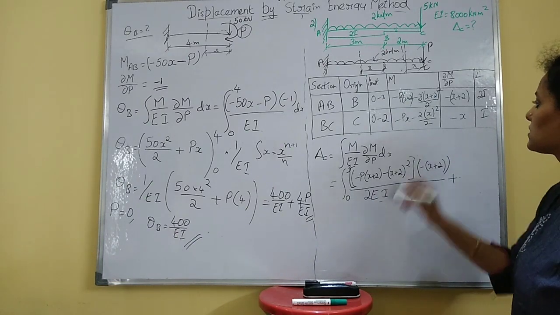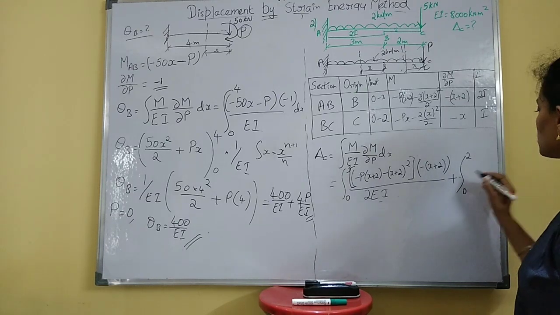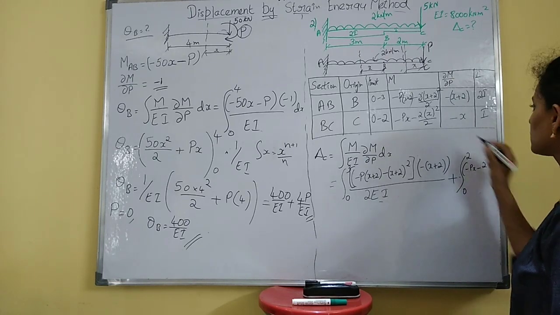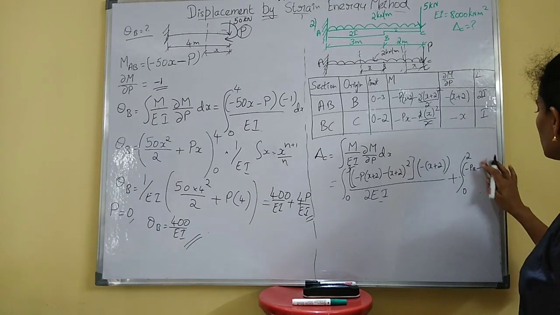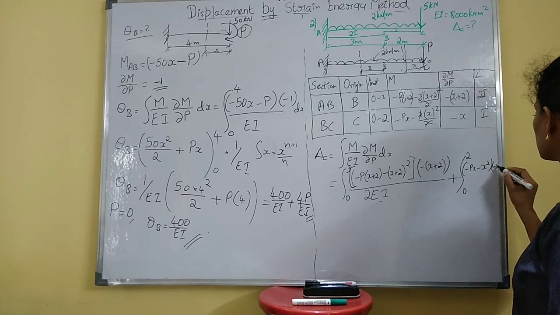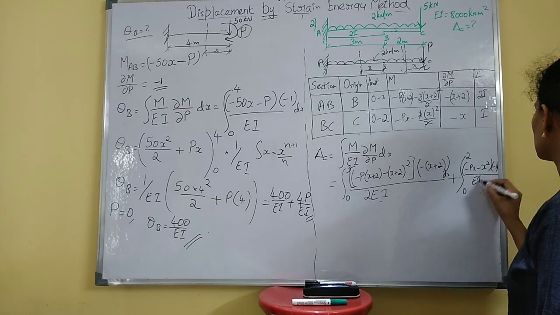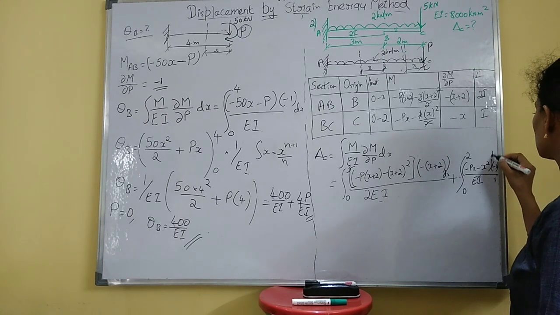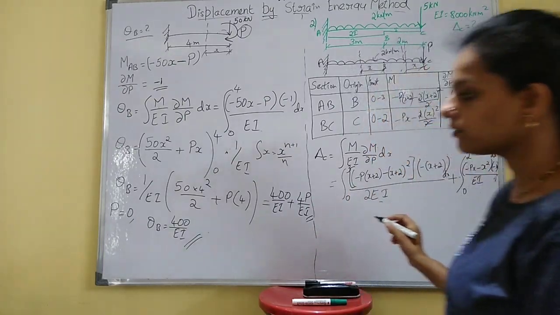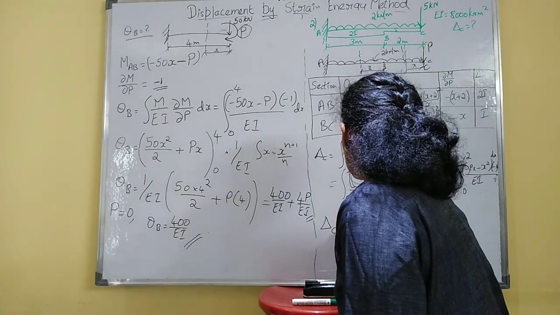Then the BC section, with limit 0 to 2, so minus Px minus x square, and this is minus x dx, EI into dx. Just simplify it carefully and get the value of delta C.